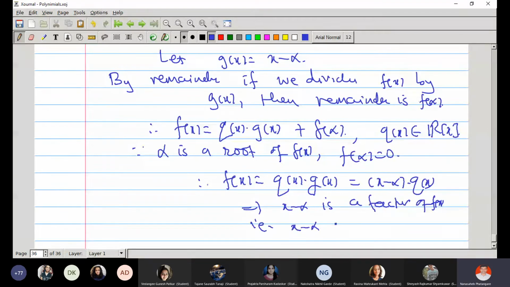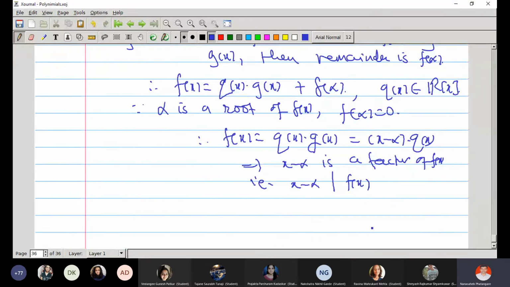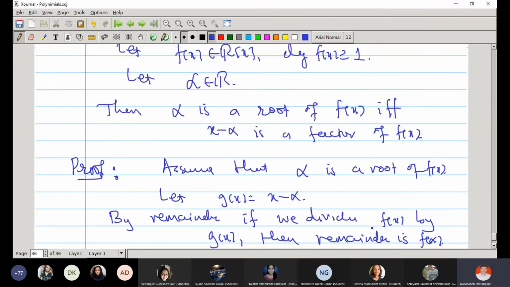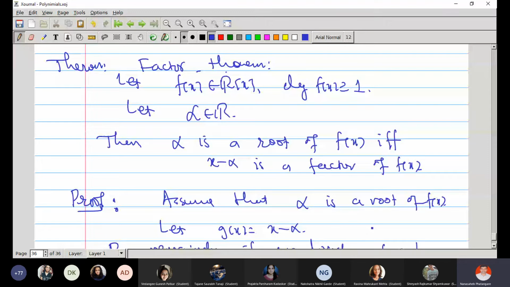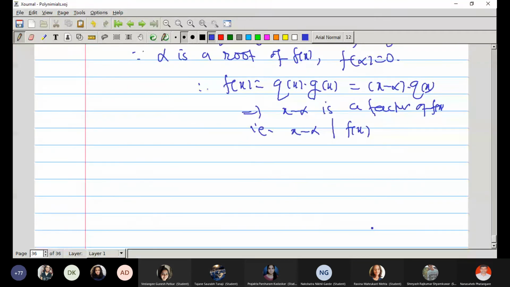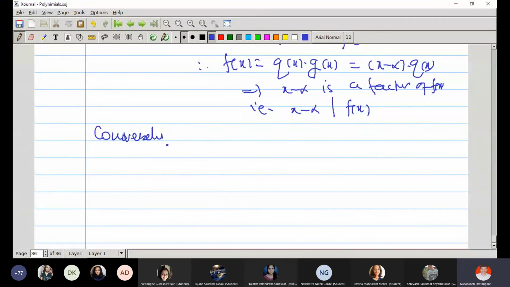Now conversely, what is the converse? Alpha is a root if and only if x minus alpha is a factor. We assumed alpha is a root, so x minus alpha is a factor. The converse is easy to see. Suppose x minus alpha is a factor of f of x.